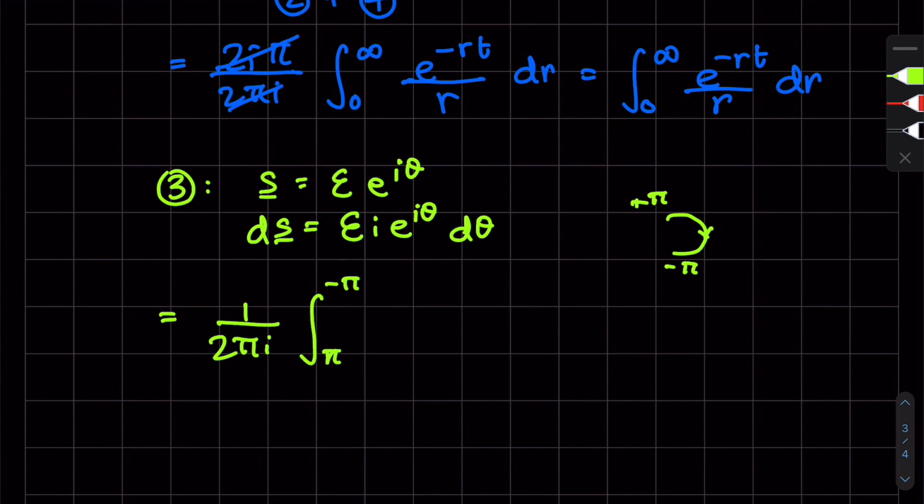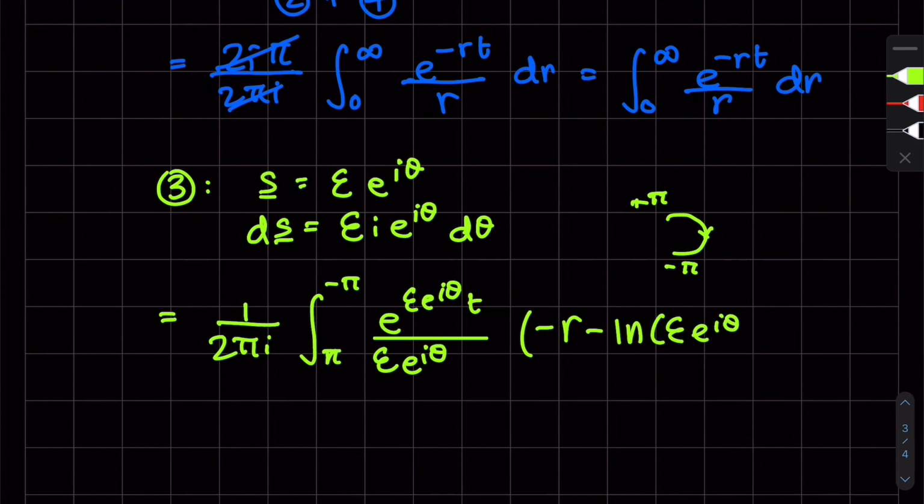And we have e to the st, so that's epsilon e to the I theta times t divided by s, which is epsilon e to the I theta minus Euler-Mascheroni minus natural log of s, which is epsilon e to the I theta.